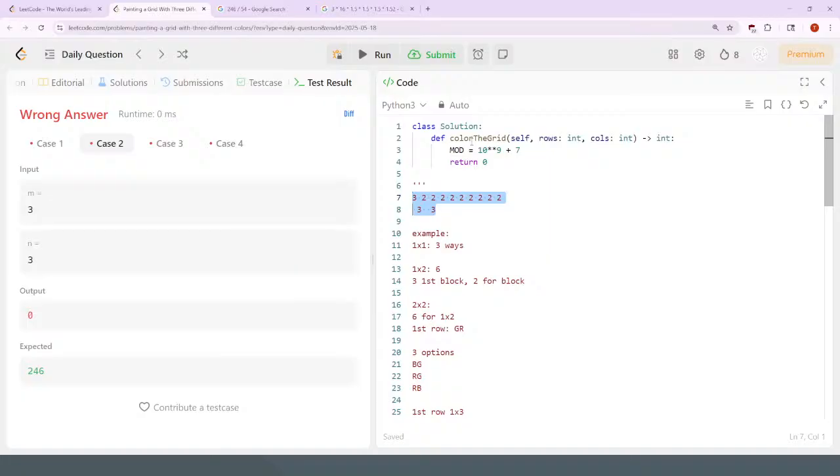1 by 2, 6 ways. That's 3, 3, 3, 3, 3, 3, to extend it out.